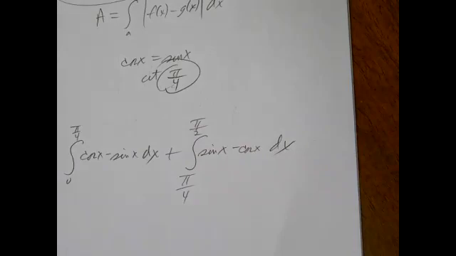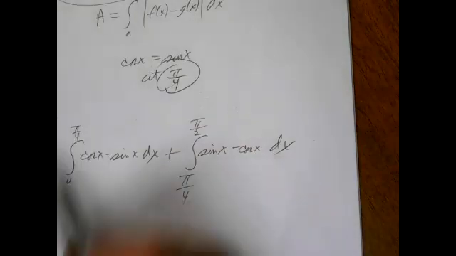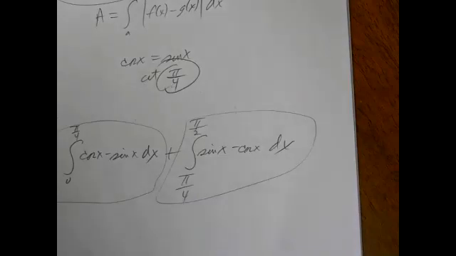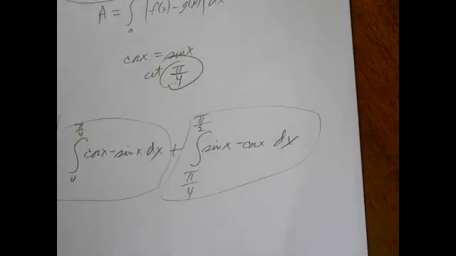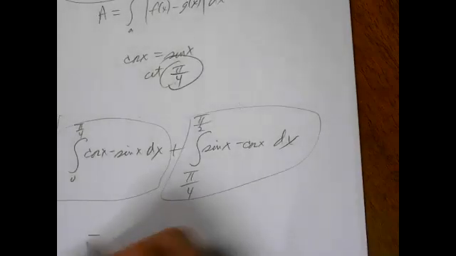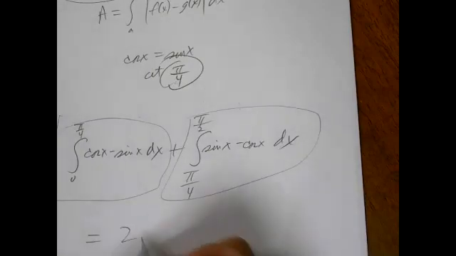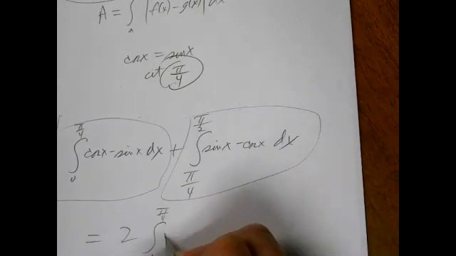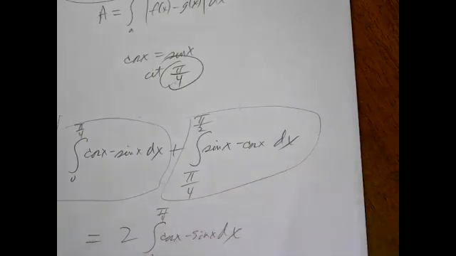Now, had you noticed, though, and this is not always something easy to notice, the symmetry of the region, what you will ultimately discover is that these two come out to be the same, again, due to symmetry. So you would have gotten the same result had you just integrated one of these and doubled your answer.